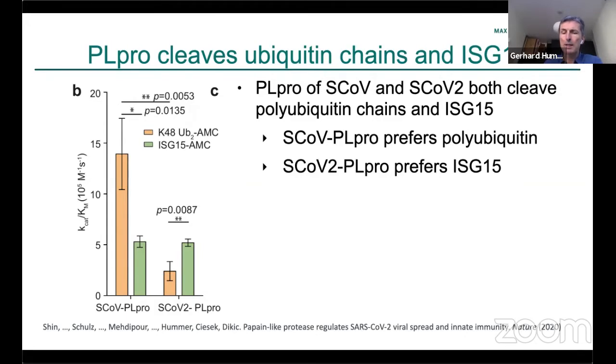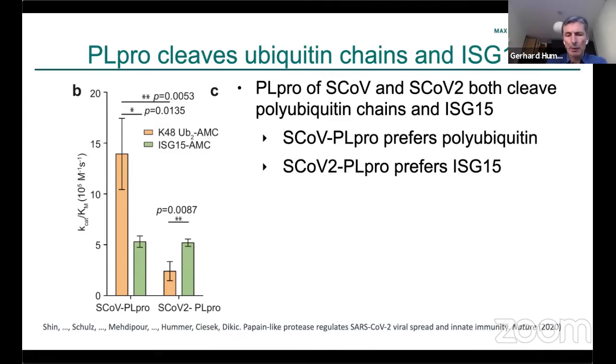But what they found was that the new SARS-CoV-2 had changed its catalytic activity from favoring the cleavage of diubiquitin or ubiquitin chains to cleaving this ISG15 ubiquitin-like protein. And that was very interesting because cleaving of ubiquitin and ISG15 are both associated with modulating immune responses.